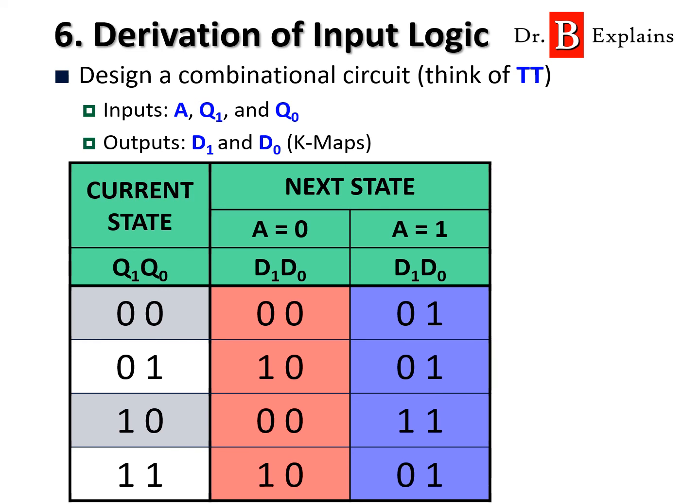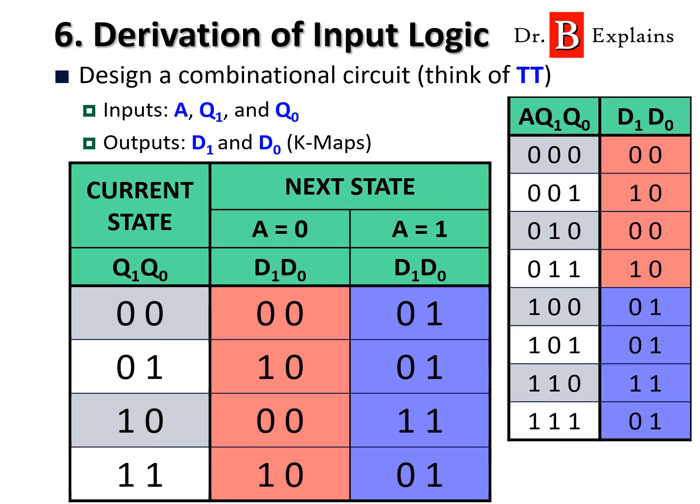So think of this as a truth table. It's going to have the inputs A, Q1, and Q0, and the outputs D1 and D0. Let me reformat this table so you can have a better idea. So this is what I mean.